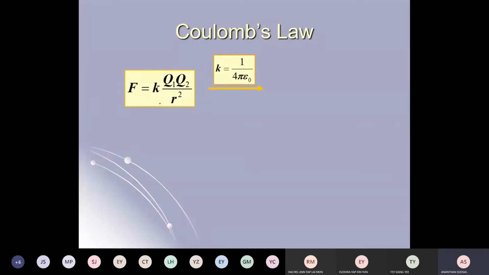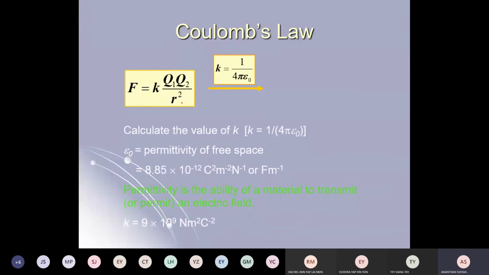The K actually represents 1 over 4 pi epsilon naught. Okay, so K is 1 over 4 pi epsilon naught. The epsilon naught is called the permittivity of free space. It's another constant actually.